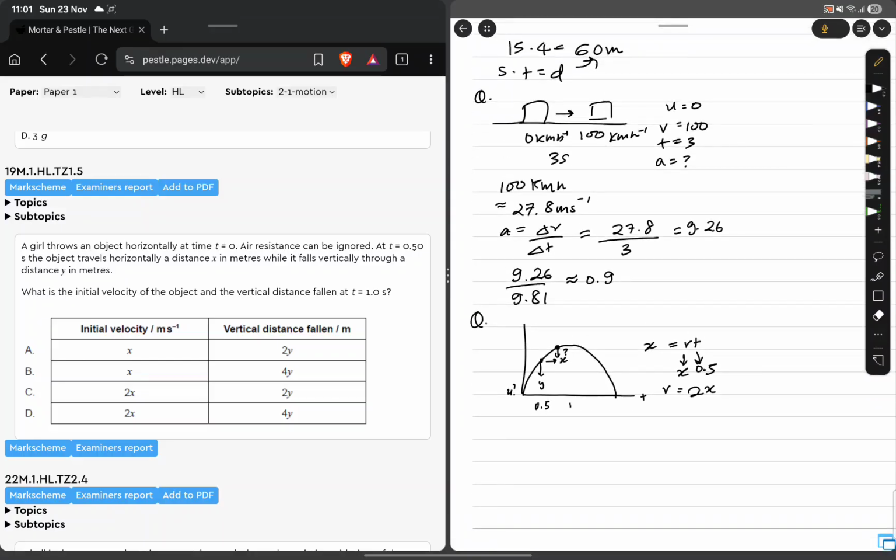And then for the vertical component, at 1, we're going to use the free fall formula. It's going to be y at the moment of t is half of g t squared, which is given that at 0.5.